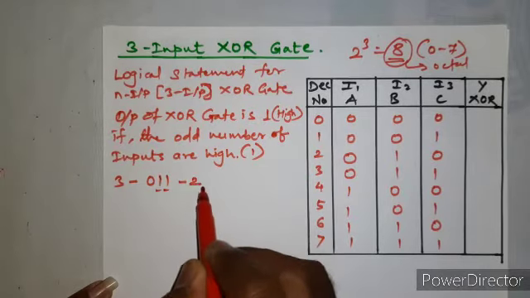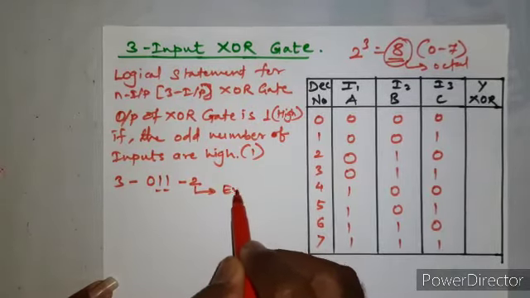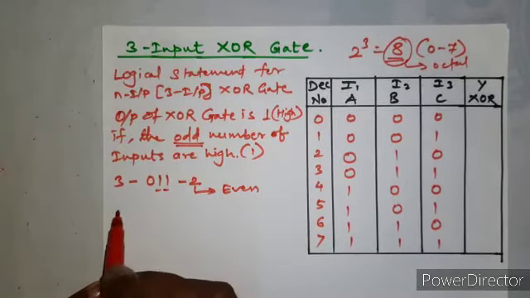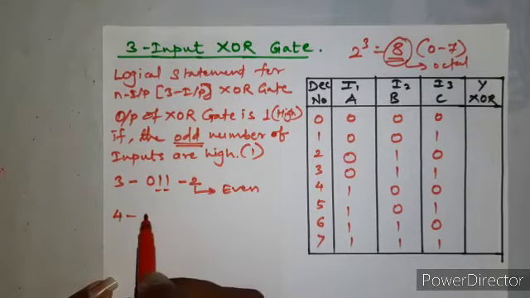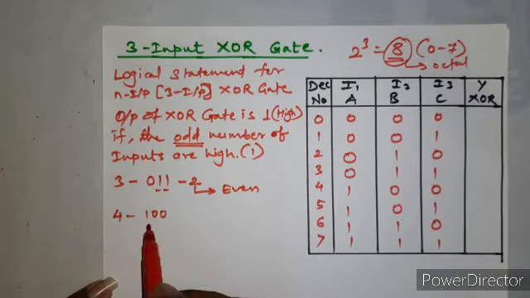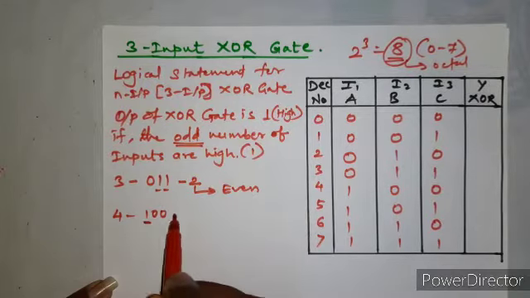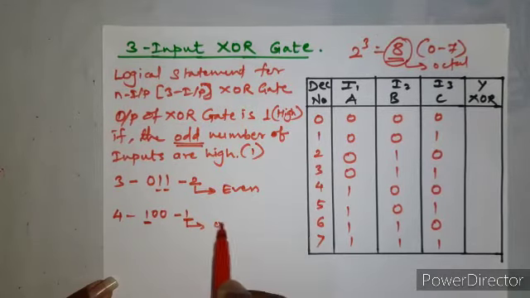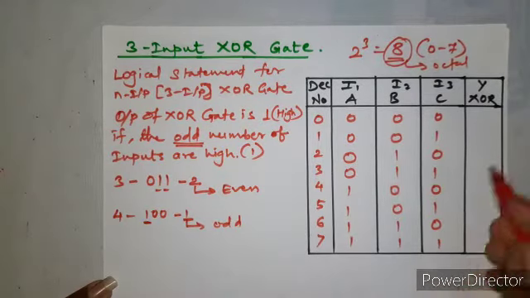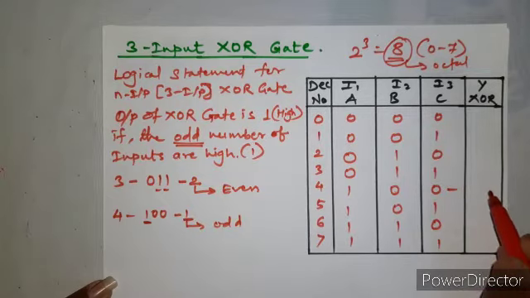It is 2, and 2 is even, so we are not considering even, we are considering odd. Let us consider 4, represented as 1 0 0. How many inputs are high here? It is 1, so this is odd. So for 4, where the input combination is 1 0 0, the output is 1.